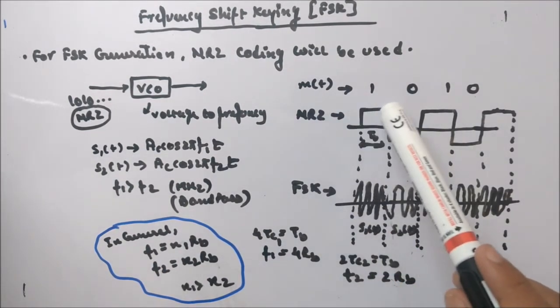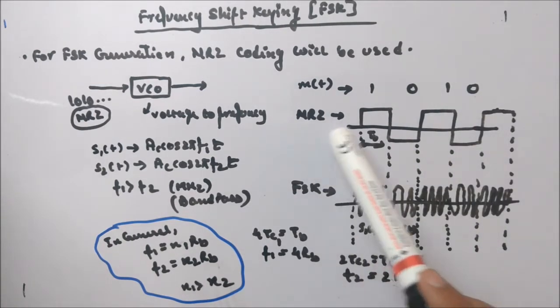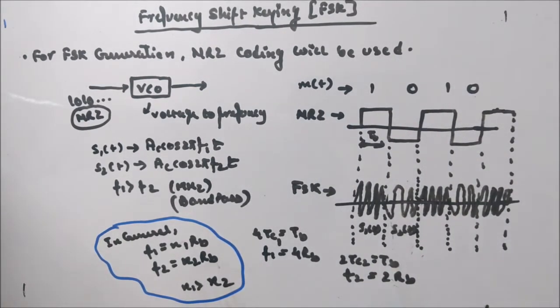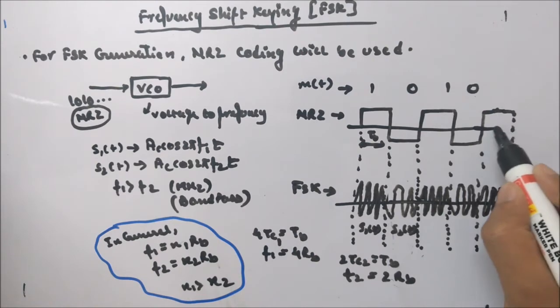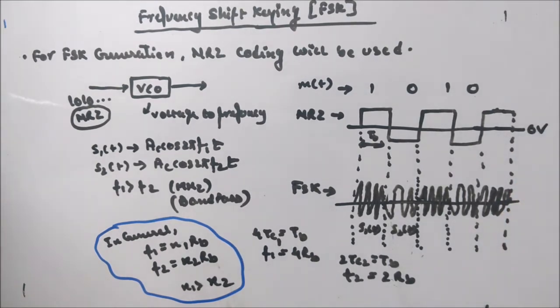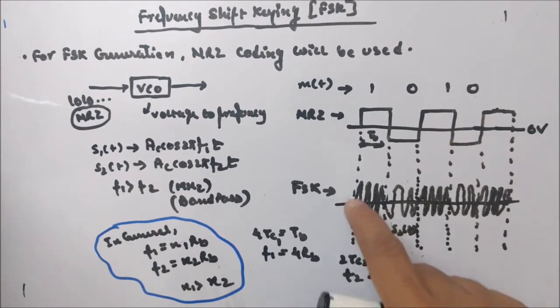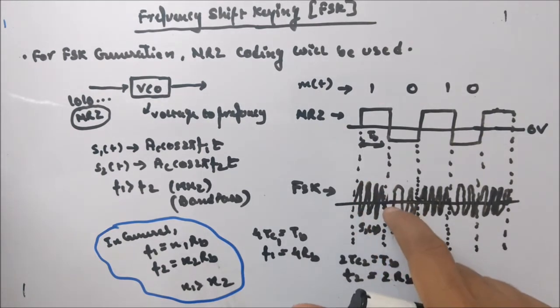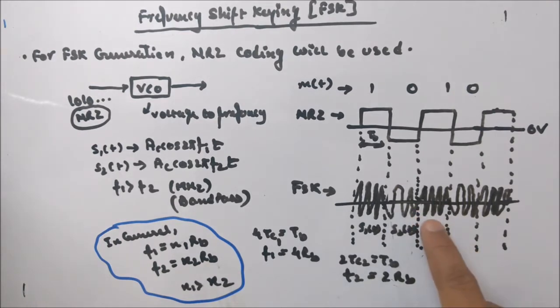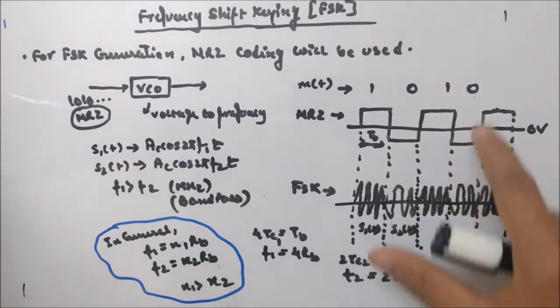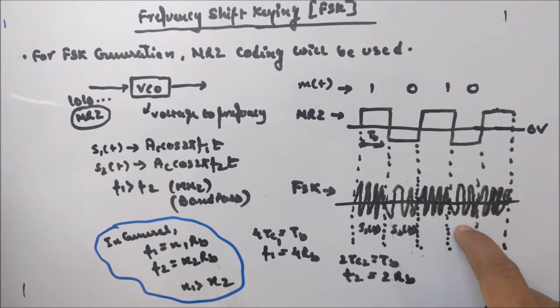Let's say you have message signal 1010, NRZ will be represented like this, where this is your 0 volt. Now how will the FSK signal look? When you are sending 1, this is a high frequency signal, and when you are sending 0, this is a low frequency signal. Again, sending 1, high frequency, sending 0, low frequency.